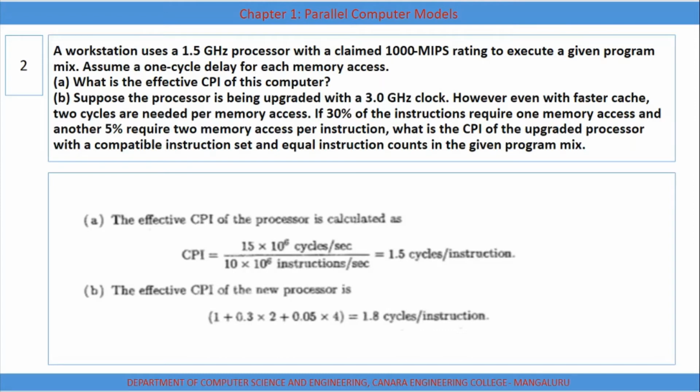So it is 0.3 into 2. Similarly, 5% of instructions require 2 memory accesses, so it is 5 by 100. So 0.05 into 2 memory accesses, and 2 memory accesses into 2 cycles per memory access will be 4. So 0.05 into 4. That will be the total number of cycles per instruction.